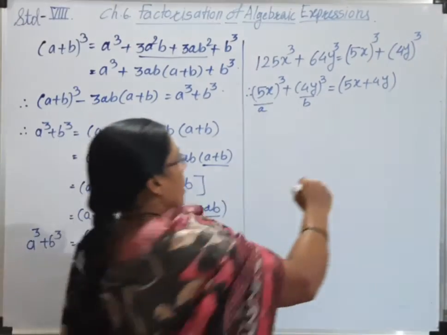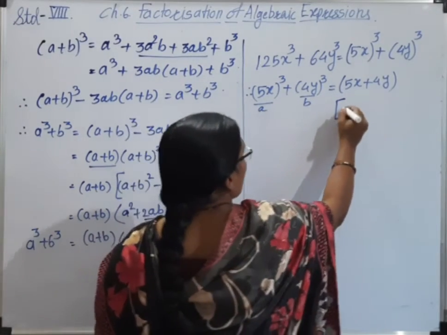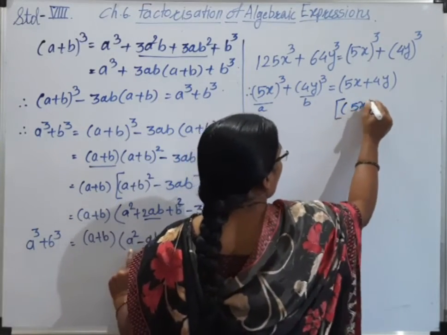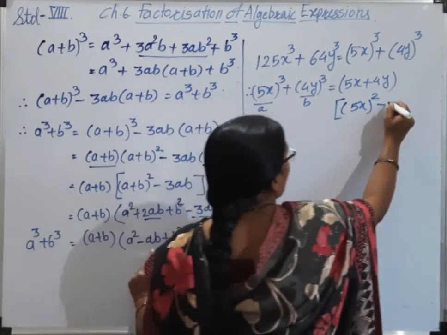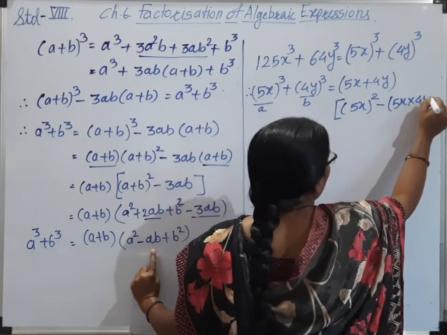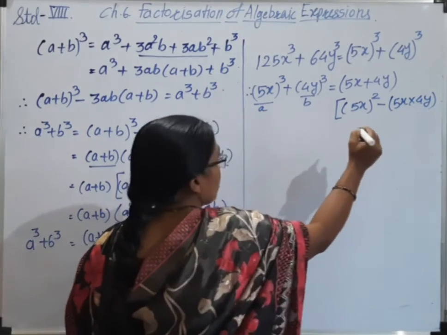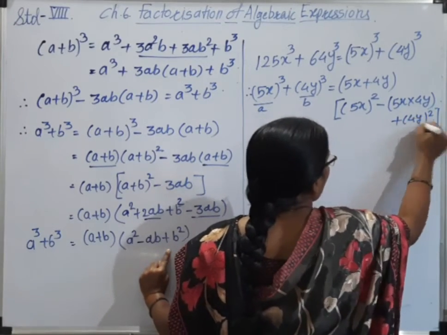Here a is 5x, so (5x) whole square minus 5x into 4y, plus b square, that is (4y) whole square.